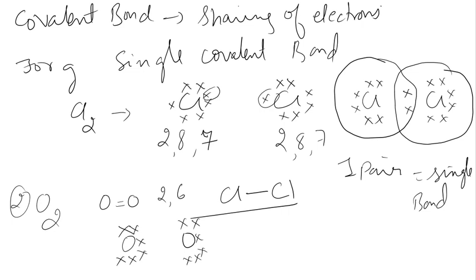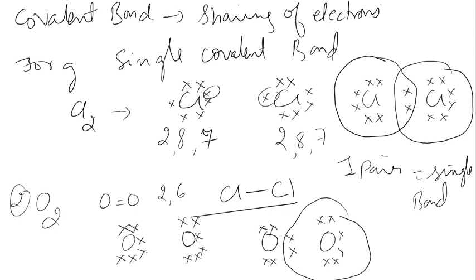Now how will the electrons be shared? 2 3 4 5 6, and here also 1 2 3 4 5 6. These electrons are shared by that, and these electrons will be shared like this.